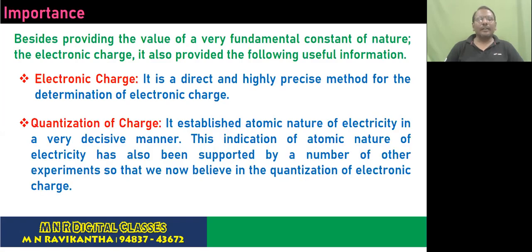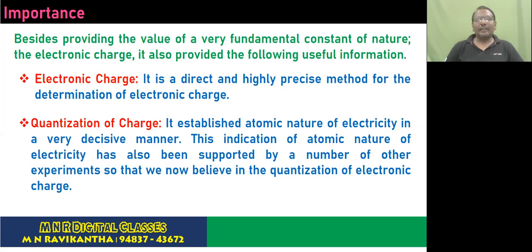The second point: in addition to the determination of electronic charge directly with high precision, this experiment also establishes the quantization of charge. It established the atomic nature of electricity in a very decisive manner.